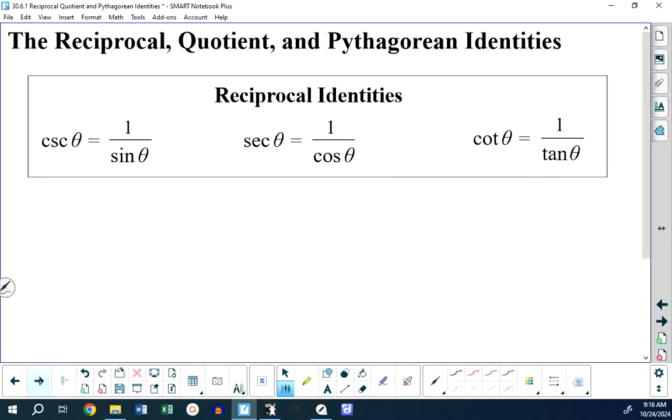All right, so here are all of your identities. You will want your formula sheet out whenever we're doing anything in this unit, dealing with the remainder of this unit.